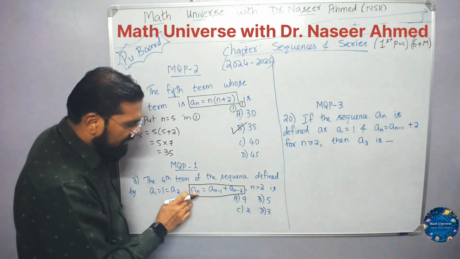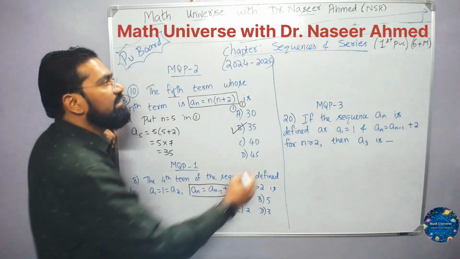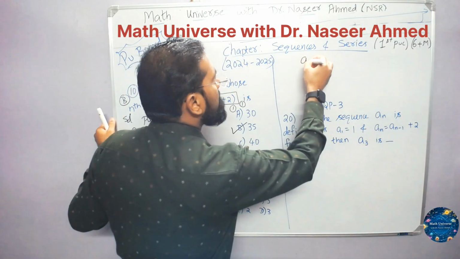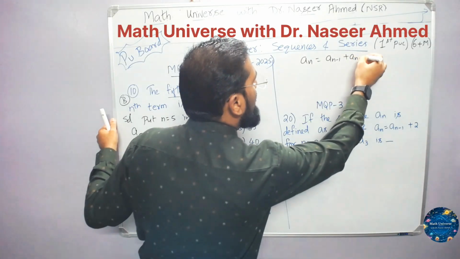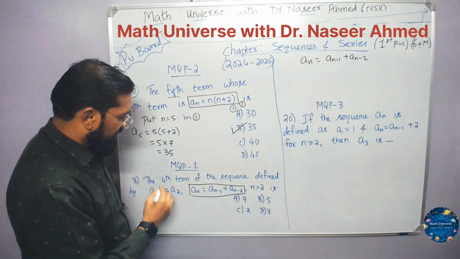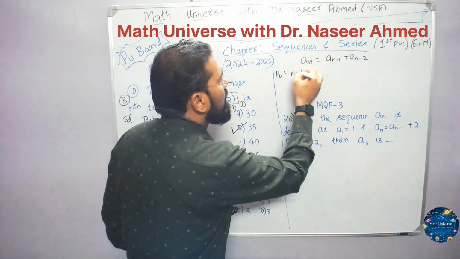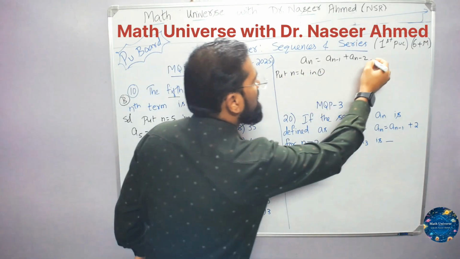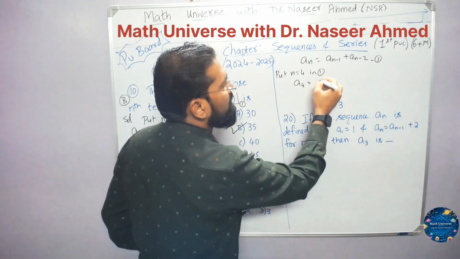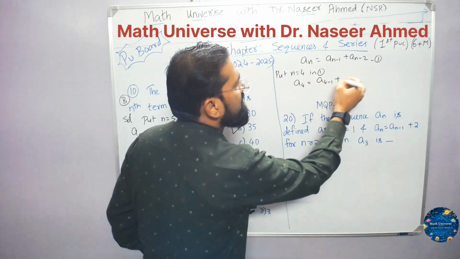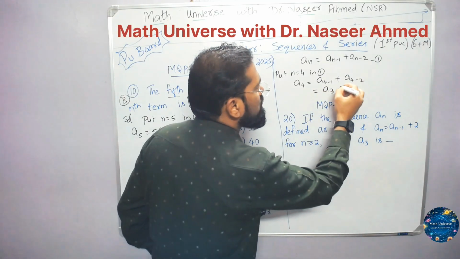Now, if I put n equal to 4 here, I write an is equal to an minus 1 plus an minus 2, so a4 is equal to a4 minus 1 plus a4 minus 2. 4 minus 1 is 3 and 4 minus 2 is 2.